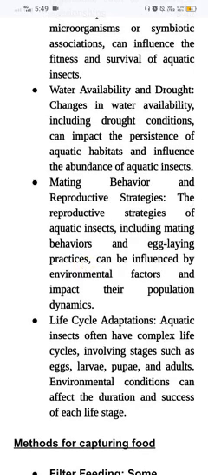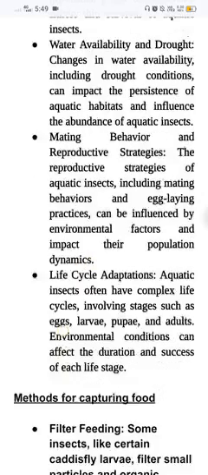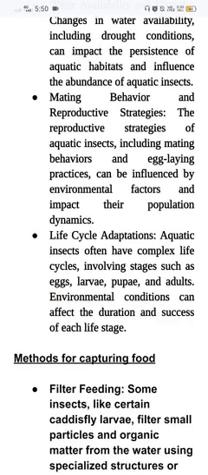The reproductive strategies of aquatic insects, including mating behaviors and egg laying practices, can be influenced by environmental factors and impact their population dynamics. And life cycle adaptations are also there. Aquatic insects often have complex life cycles involving stages such as eggs, larvae, pupae, and adults. So, environmental conditions can affect the duration and success of each life stage.